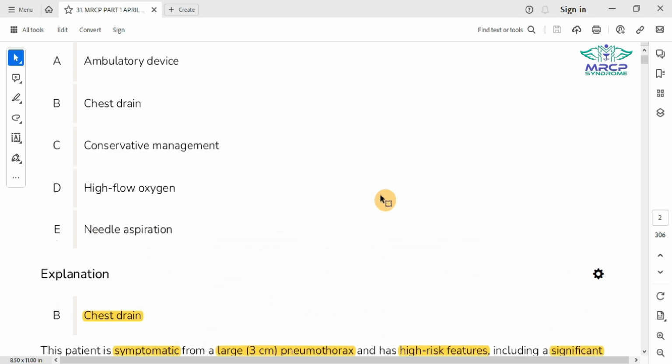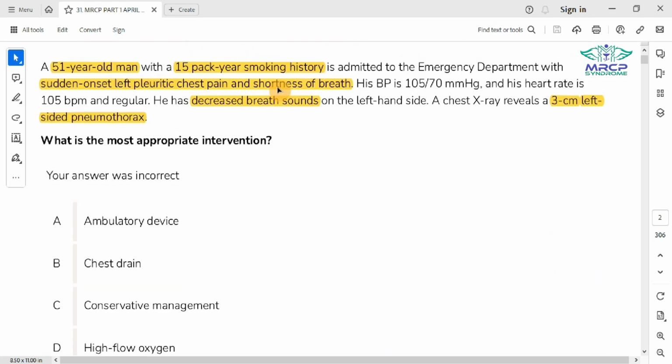And in the original recall, in the original exam, the age of the patient was younger, around 25 to 50 years, and that patient also came with sudden onset chest pain and breathlessness, and it had the same scenario. The patient had a primary spontaneous pneumothorax with a significant smoking history, and there was one extra feature.